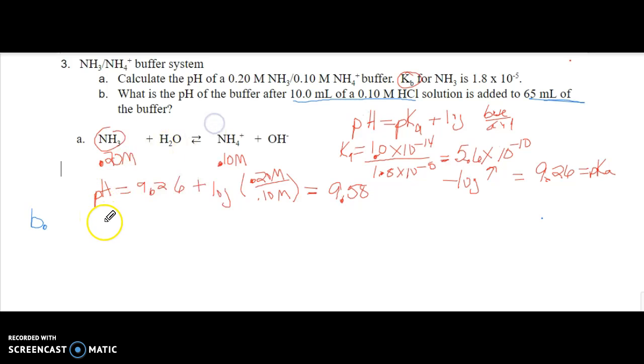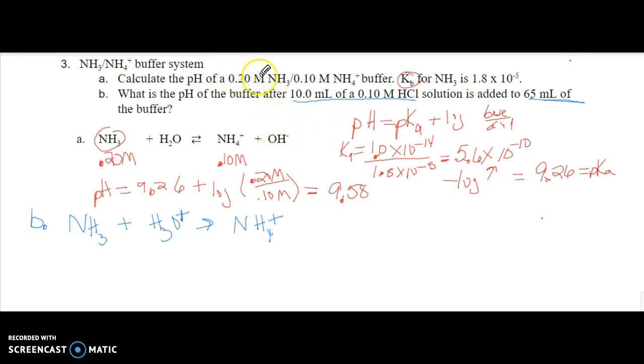So it's going to be NH3 plus the H3O from the HCl, and that's going to create more NH4. So I'm going to look at this from a stoichiometry perspective first.